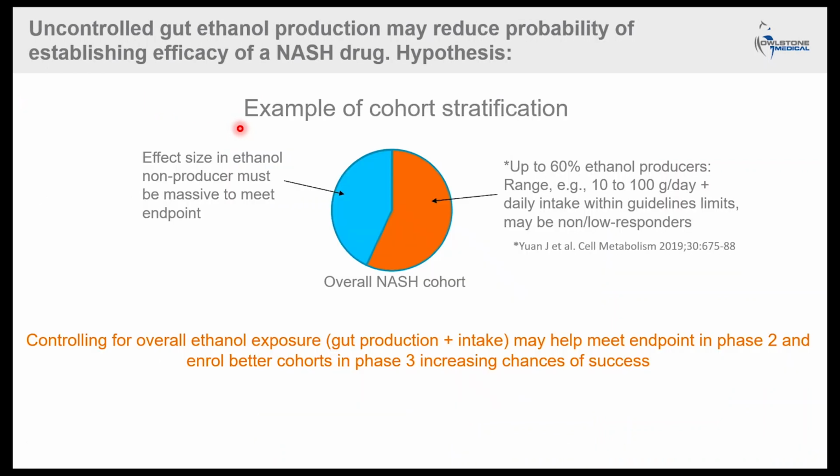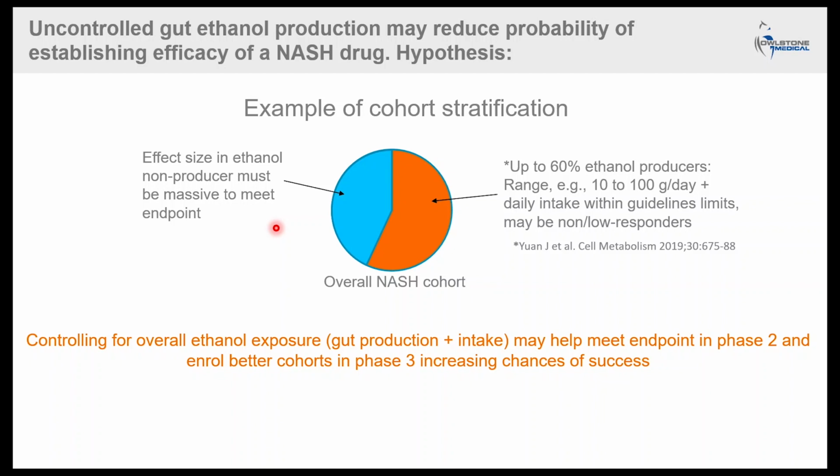So, now, what are the consequences of this lack of stratification? It has been reported that up to 60% of subjects with NASH are ethanol producers, meaning that they have these bad bacteria in the gut that produce ethanol. This ethanol may reduce or ablate the beneficial effect of the drug, and this means that the remaining part of the cohort that doesn't have these bad bacteria must show a very high effect size for the clinical trial to meet the endpoint.